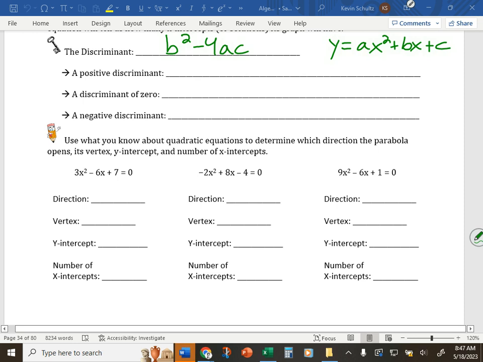The 4, that's always there. So b squared minus 4ac. And when you take the values of a, b, and c and you plug them into the discriminant, we gain information. If the discriminant ends up being a positive value, whether it's positive 1, positive 100, positive 1,050, doesn't matter, if it's positive, it means the parabola has 2 x-intercepts.